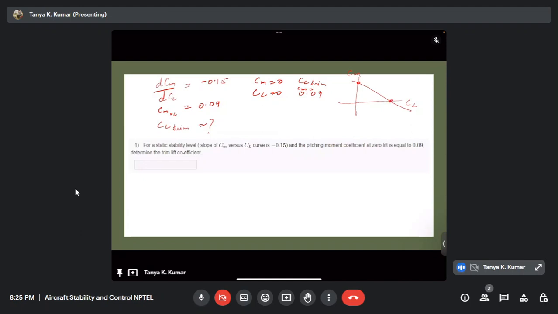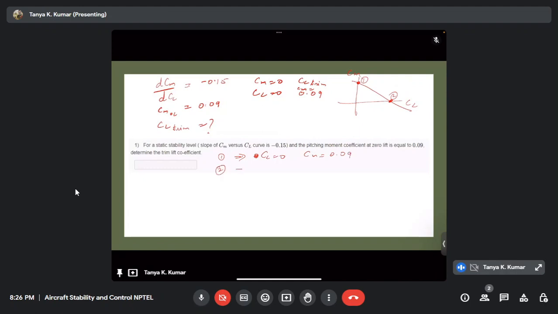So here you have, this is 0.1 and this is 0.2. At 0.1, what do you have? Cl equal to 0 and Cm equal to 0.09.